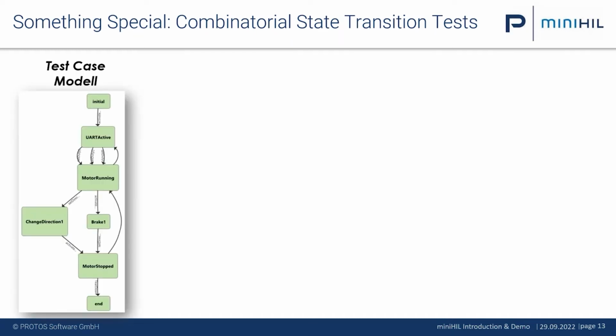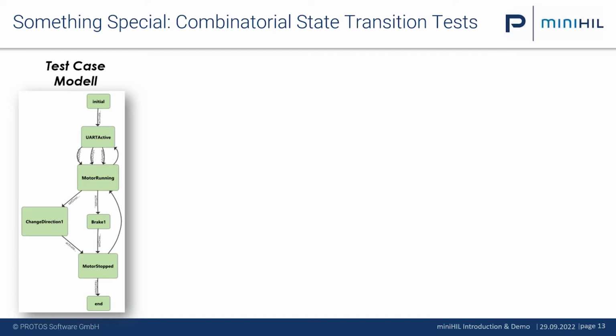Something special about our test case generation is we also can do combinatorial tests, state transition tests. So that's a standard method, where you can describe as a test case model the combinations or paths through your system.